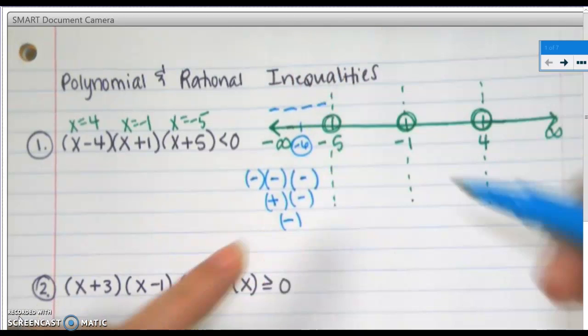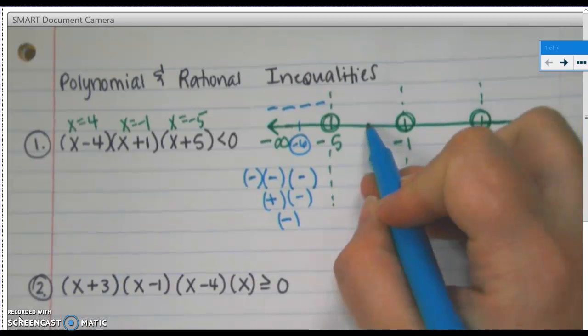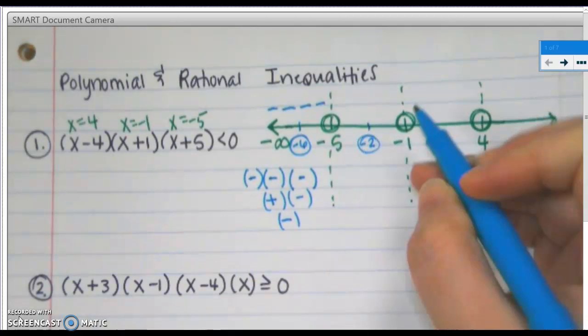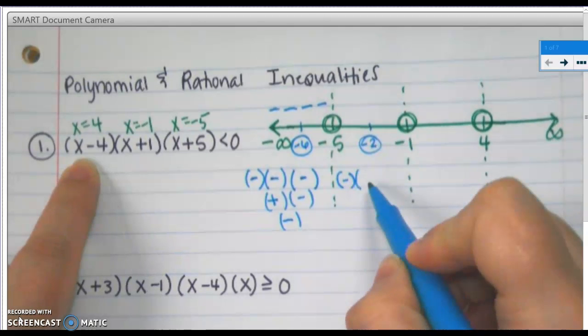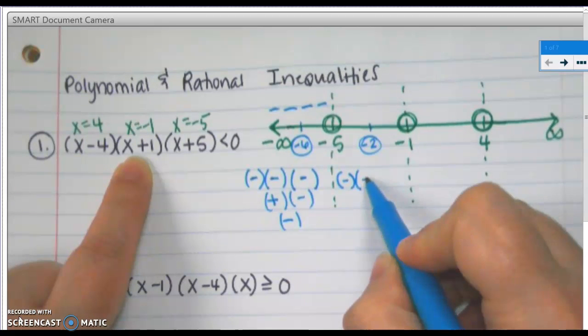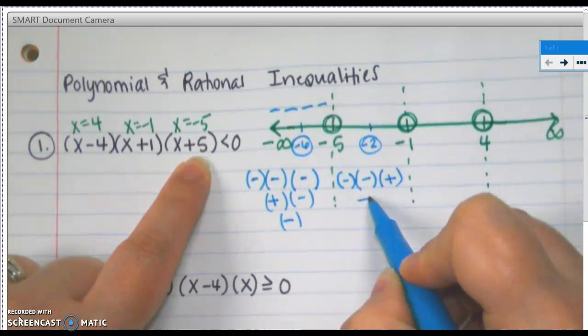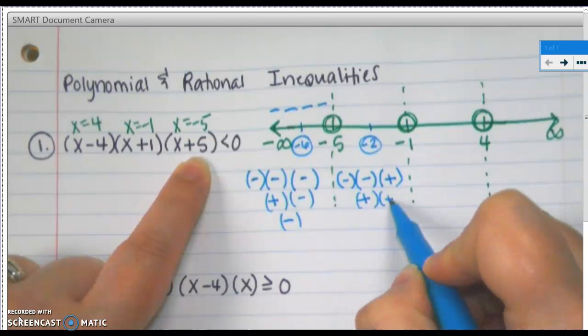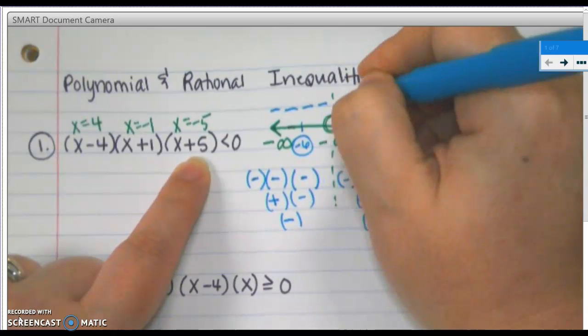So we just put a bunch of negative signs across there to let us know that that interval is negative. All right, between -5 and 1, I'm just going to pick -2. So -2 minus 4 would be negative. That one would be negative, but that one would be positive. So if I were to finish, this would be positive.